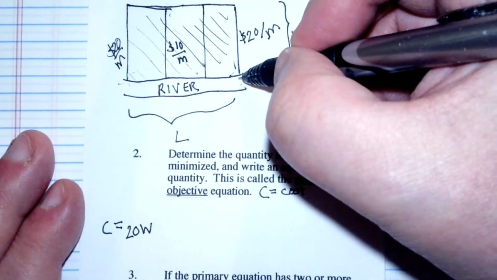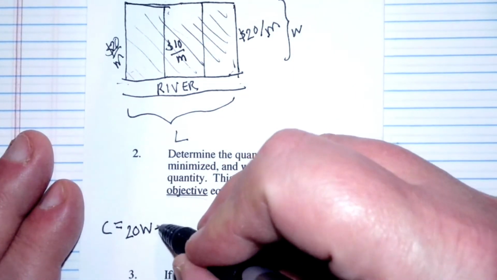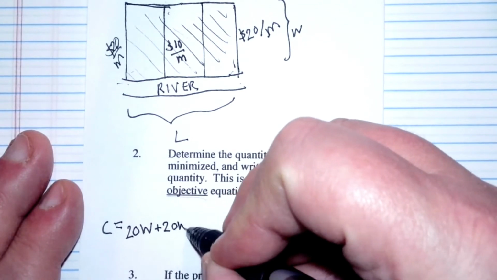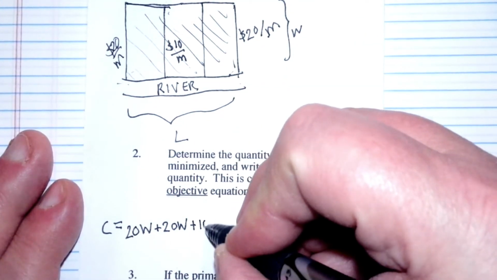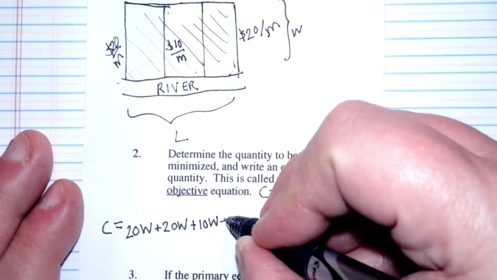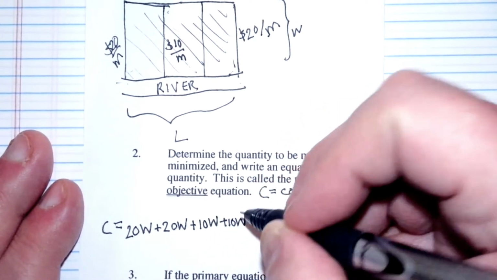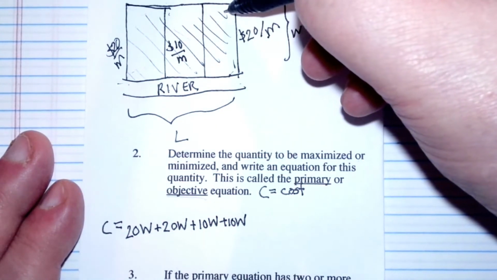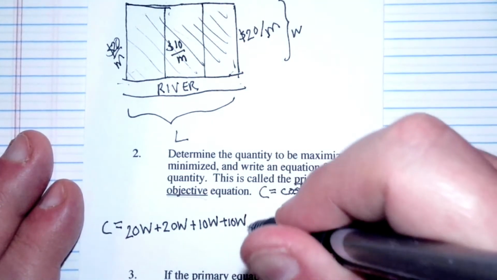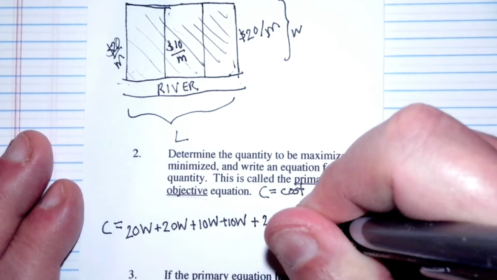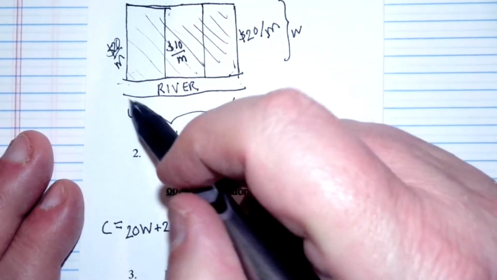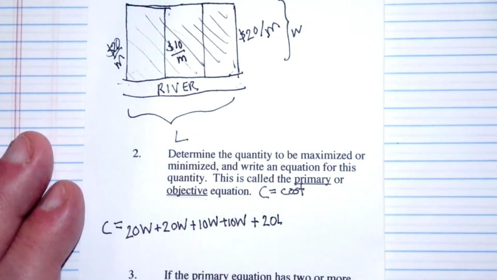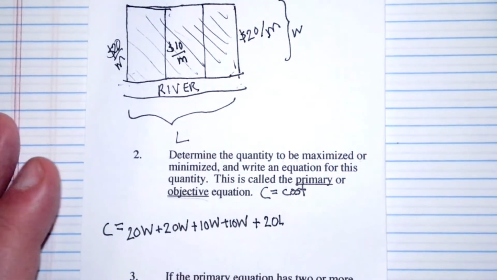The same for this side. And then these are 10W each. This side is L meters long with a cost of $20 per meter, so its total cost is 20L. And then of course this side is free since it requires no fencing.